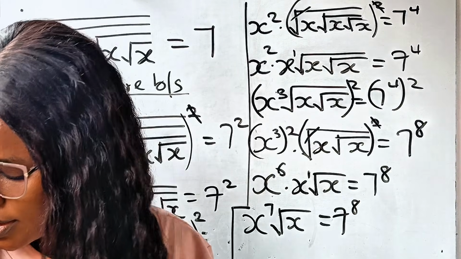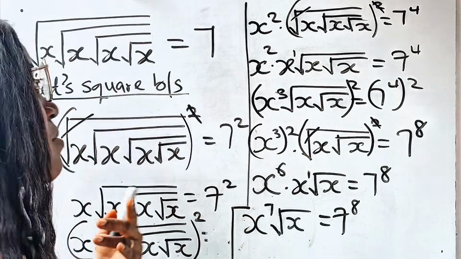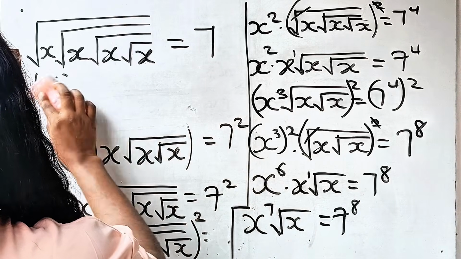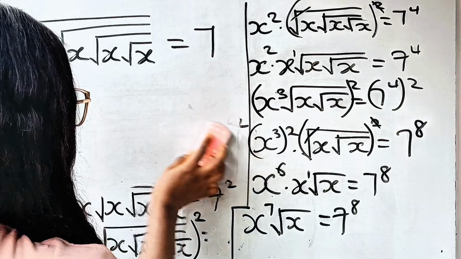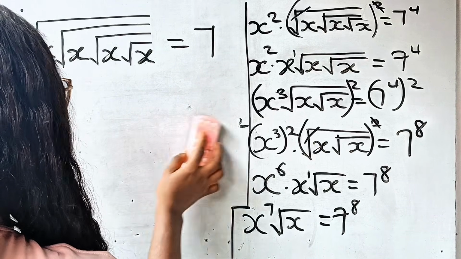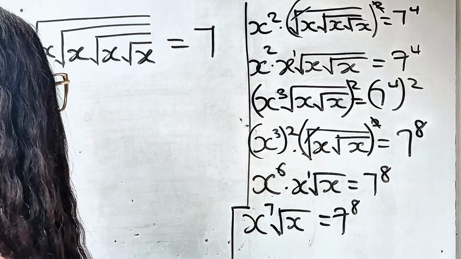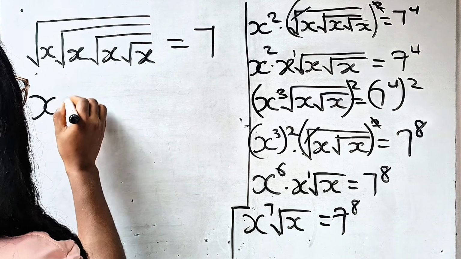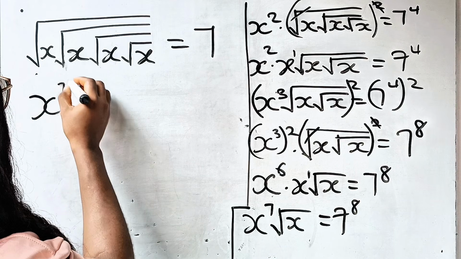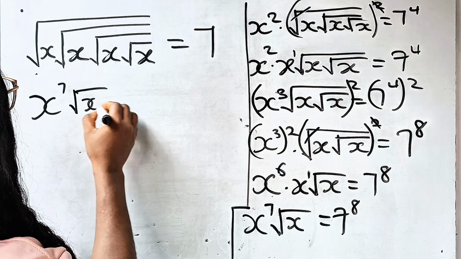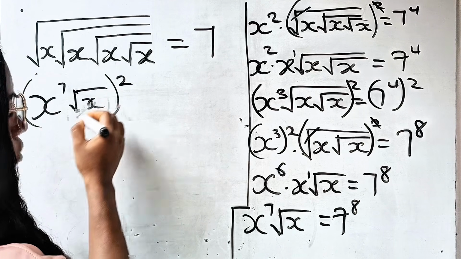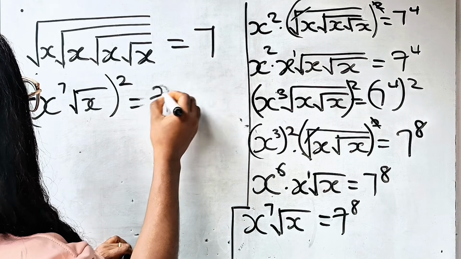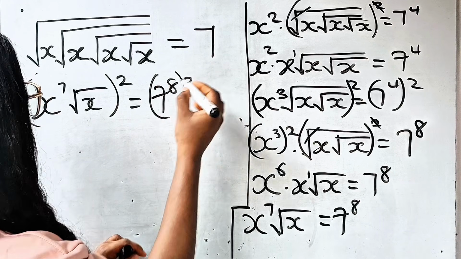Now we are going to square this again. If you are not careful with this, you will make mistakes along the way. So we are going to square both sides again. If we do that, we have x to the power of 7 root x all squared is equal to 7 to the power of 8 all squared.